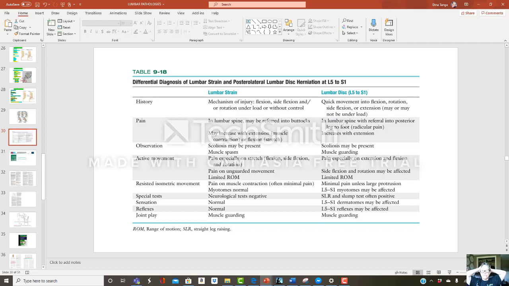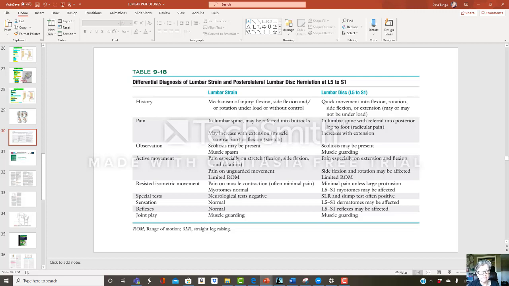So strain is when we flex, when we stretch it, and then lumbar disc is pain on extension and flexion, depending on where the disc is protruding.